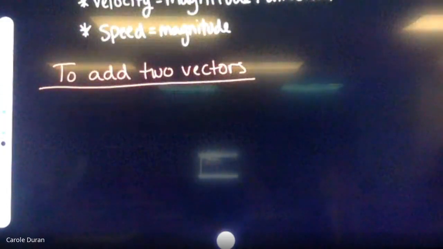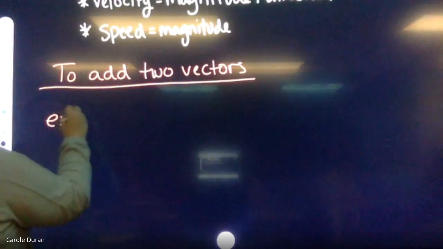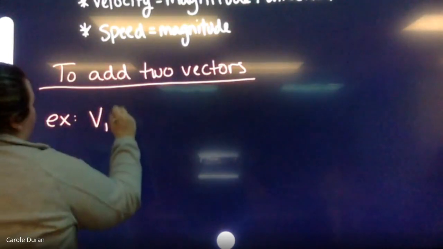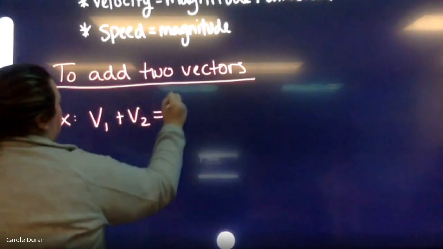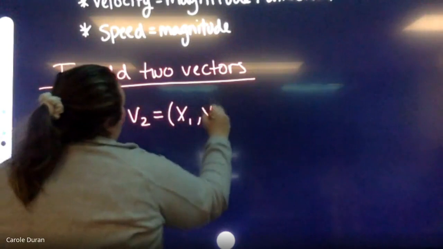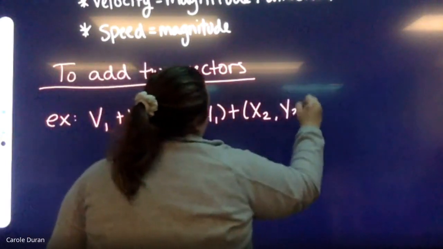Okay, so let's talk about how to put two vectors together. When we do, we just add like coordinates. For example, if I have a vector 1 and a vector 2, vector 1 would have the coordinates x1, y1, and vector 2 would have the coordinates x2, y2.